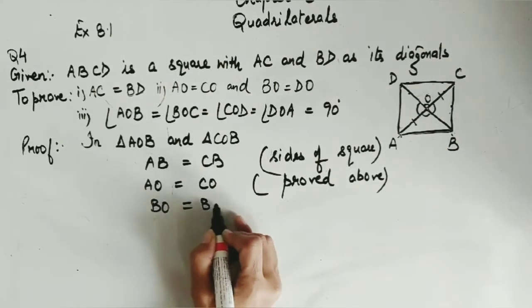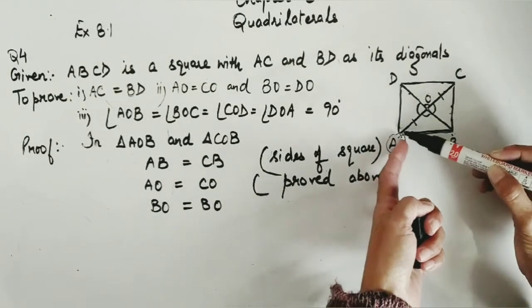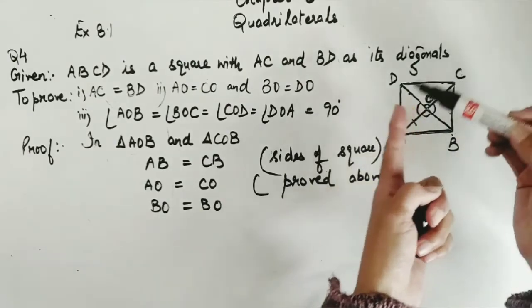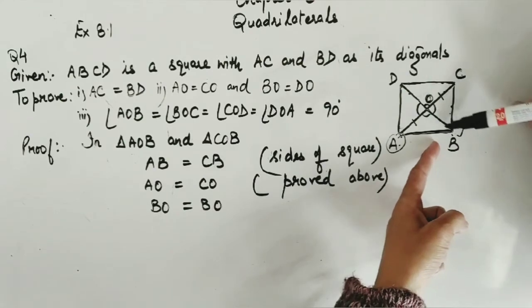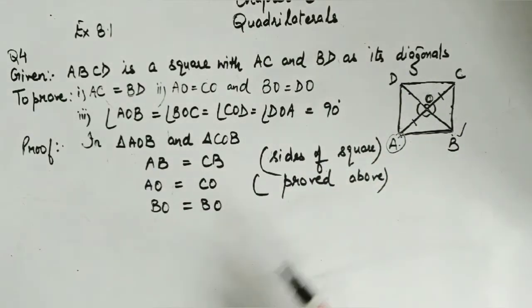Now why do we simply say BO, BO? Because over here O would remain at its place, C would cover A, so B would remain as such, so OB is equal to OB or BO is equal to BO. You don't have to flip it completely.